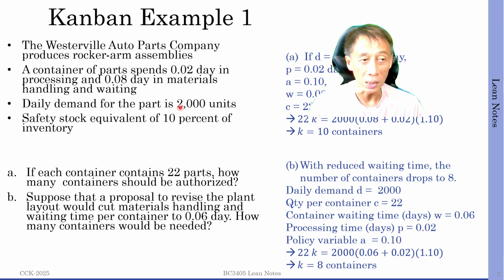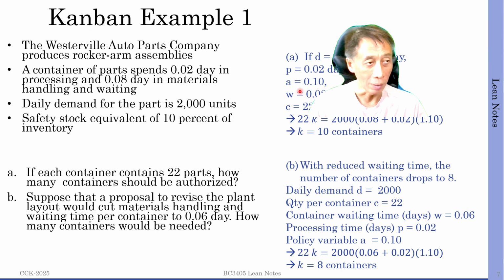Daily demand, so that's the flow unit, the flow rate. The safety stock is the equivalent of 10% of inventory. That's the policy variable A. If each container can contain up to 22 parts, how many containers should be deployed?